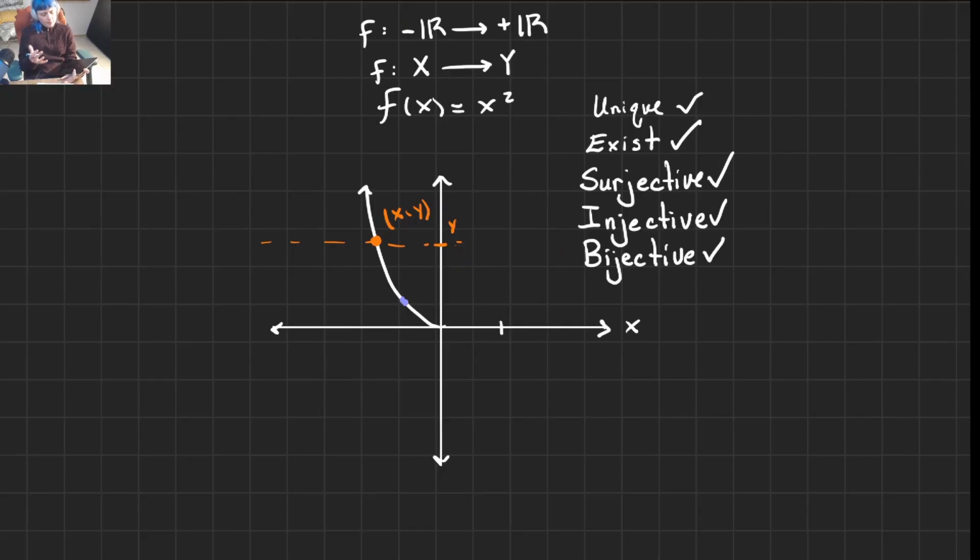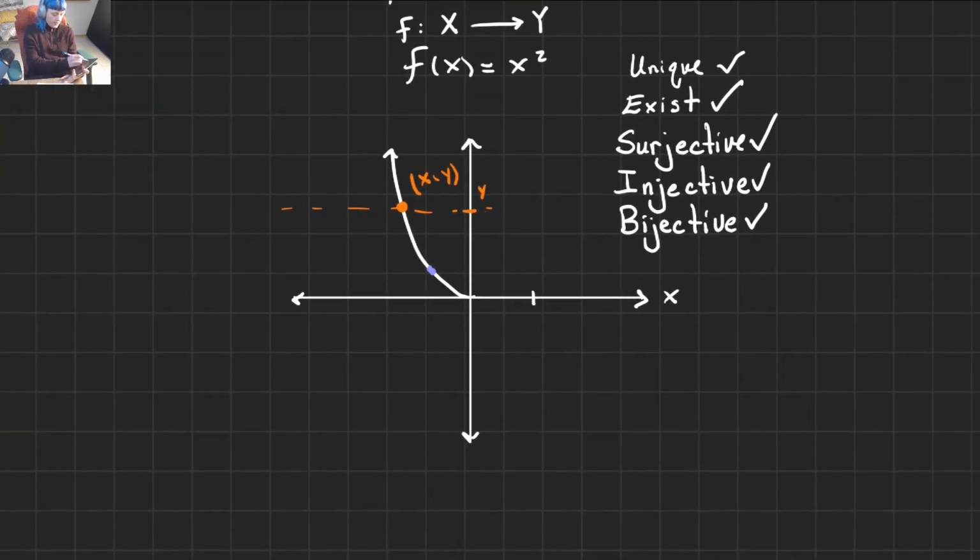And so if it's bijective, then that means that it has an inverse. So first, let's go ahead and draw the inverse. Just kind of clean this up a little bit here.